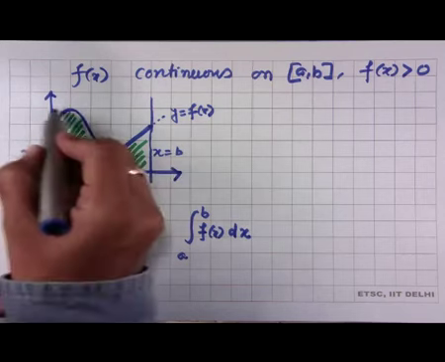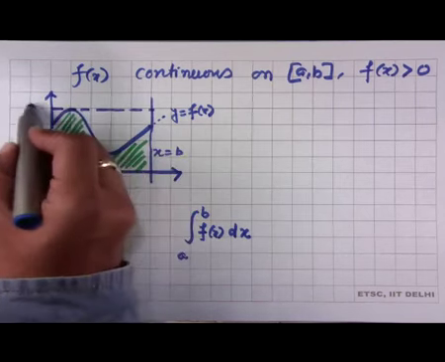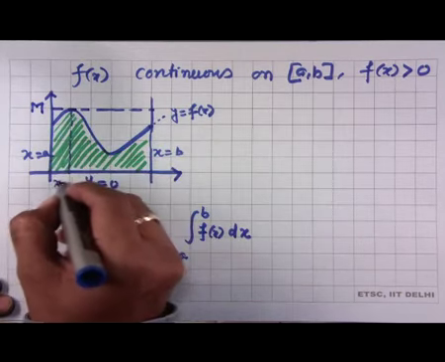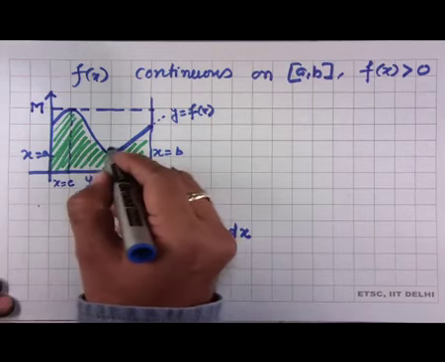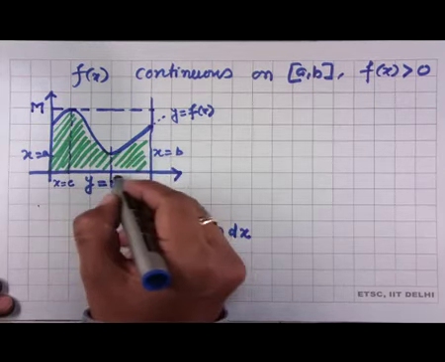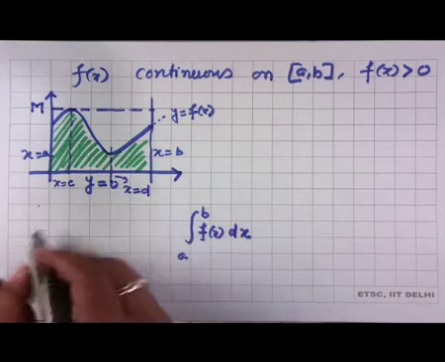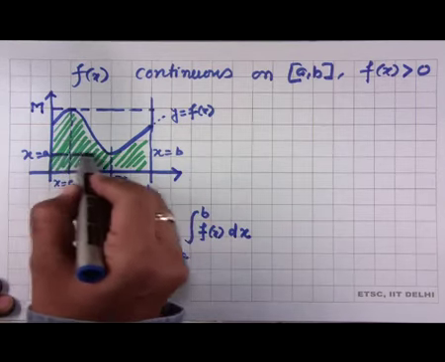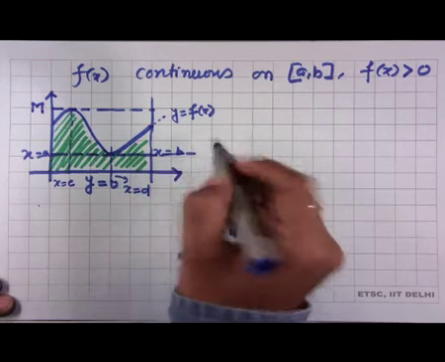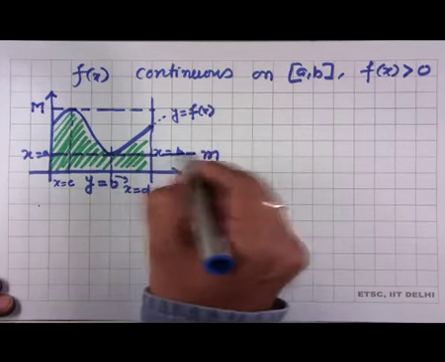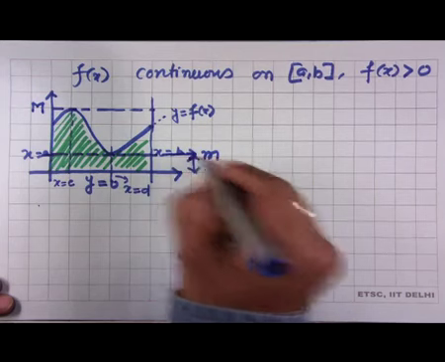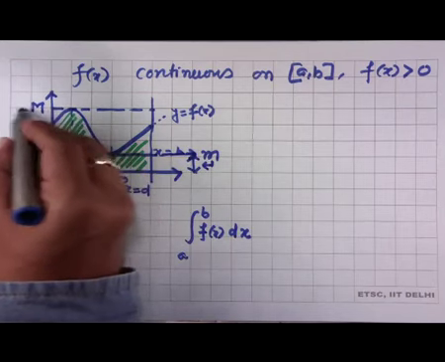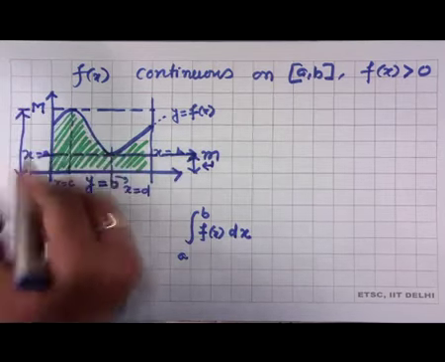So you can see from this plot that this is the maximum value of the function, attained at some point x equals c, and this is the minimum value of the function, attained at some point x equals d. Though we do not need these points, I have still written them. Say this height is small m, and this height is capital M.